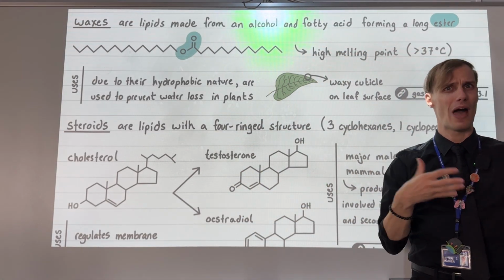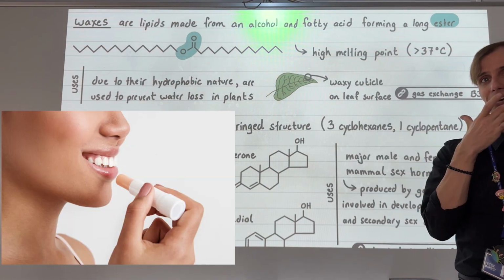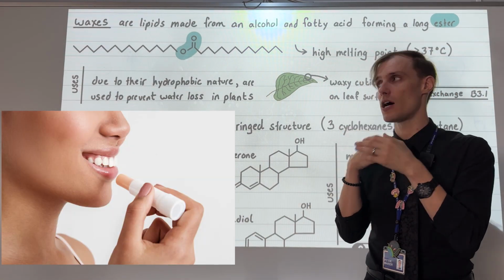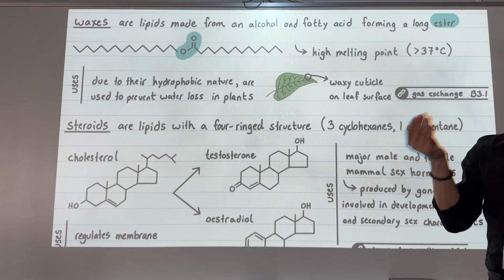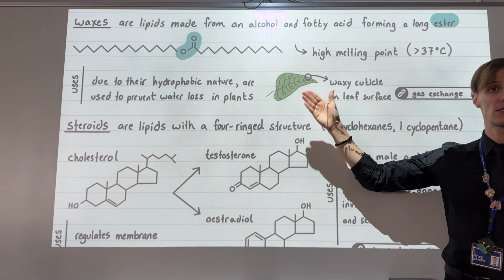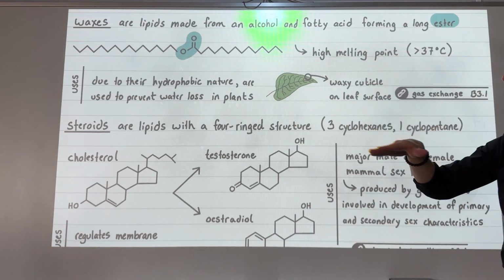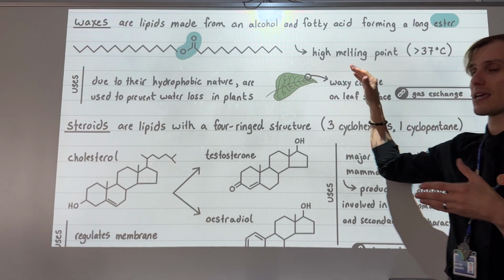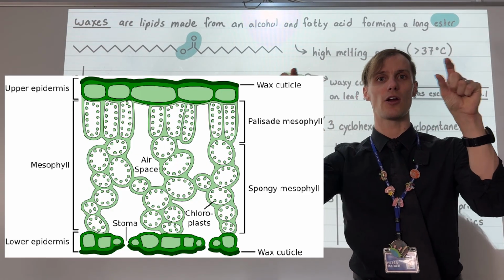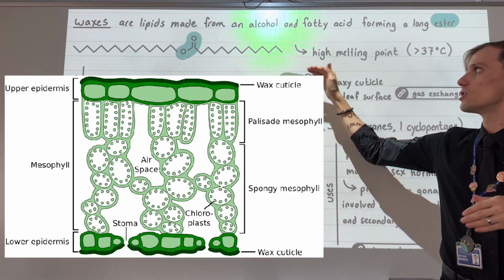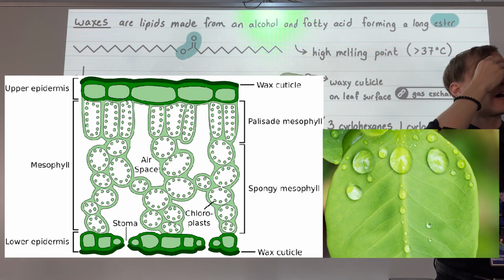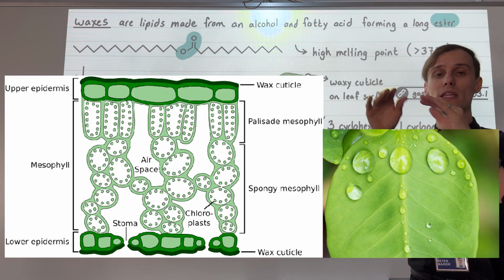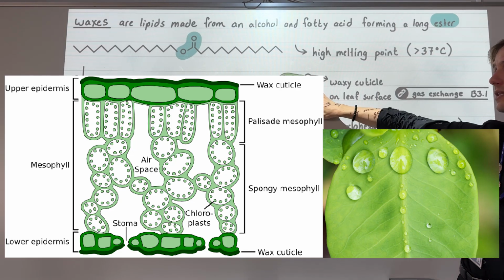Now imagine all the waxes that you see in everyday life. Waxes on your lips to prevent water loss, or in nature, we've also explored this in A1.1 water, and we'll explore it even further in gas exchange in B3.1, but waxes can actually be used on the upper layer or the cuticle of leaves to prevent water loss. And this ensures that water is only passing through the stomata on the bottom of the leaves.